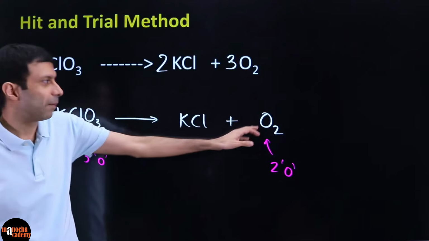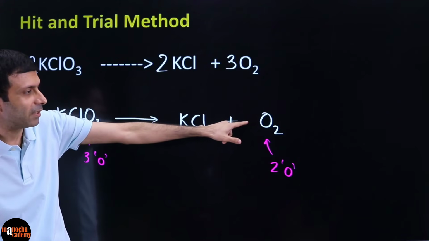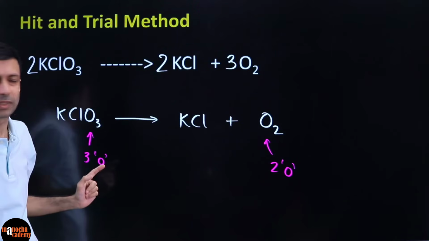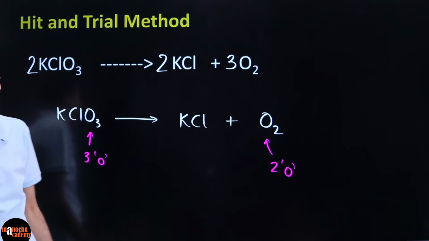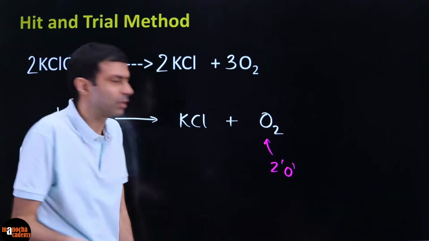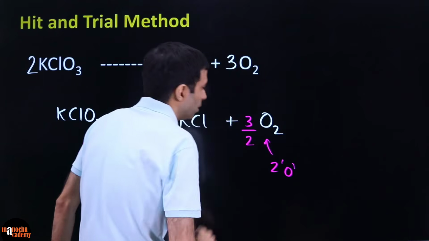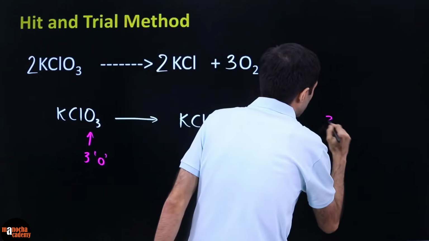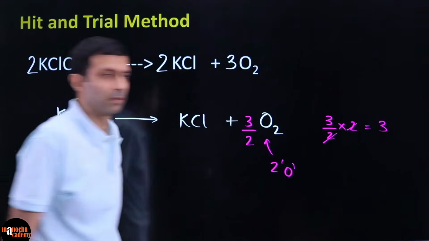So by what number, since it's less over here, should I multiply this to get 3 oxygens? Can you tell me? By what number should I multiply O2 to get 3 oxygen? If you're allowed to think in terms of fractions, you'll say, why don't I multiply by 3 by 2? Because after all, 3 by 2 times 2 is 3.